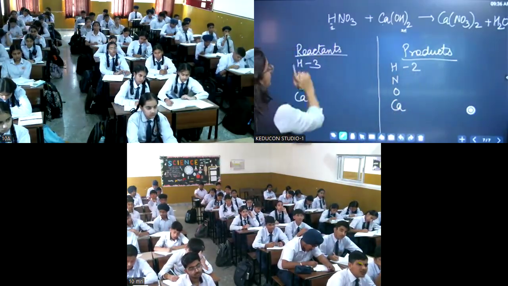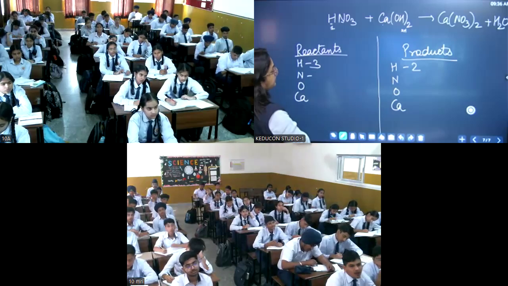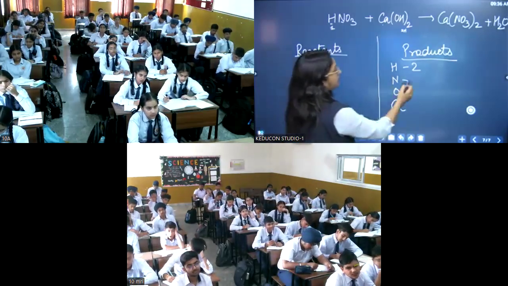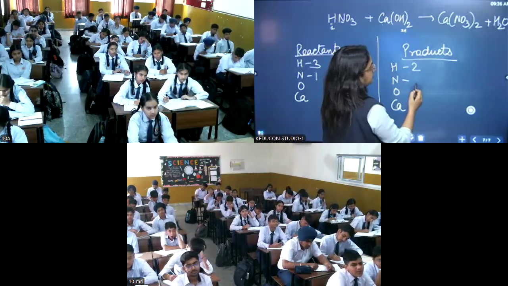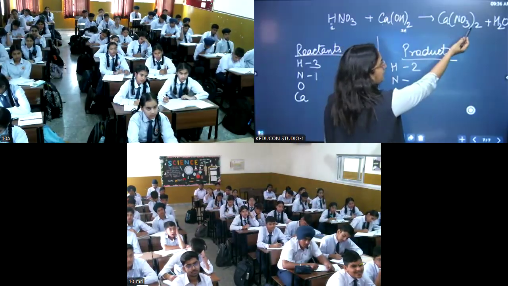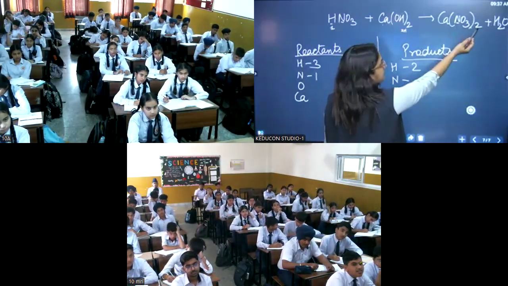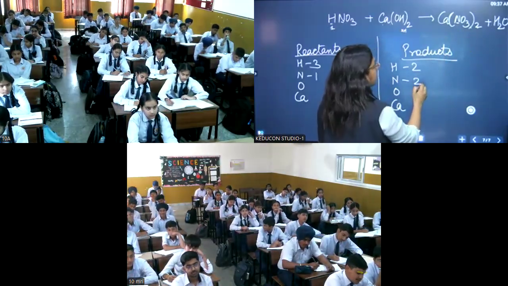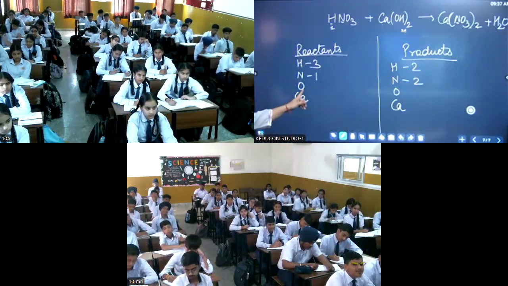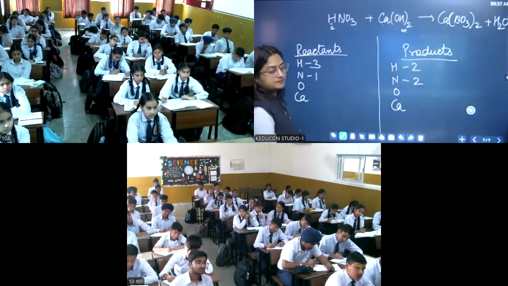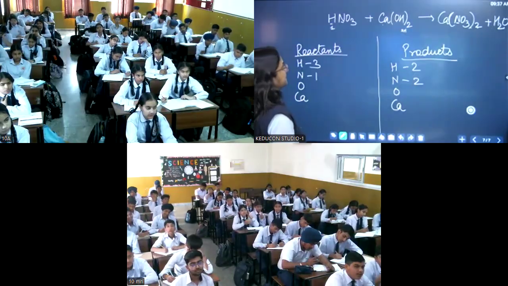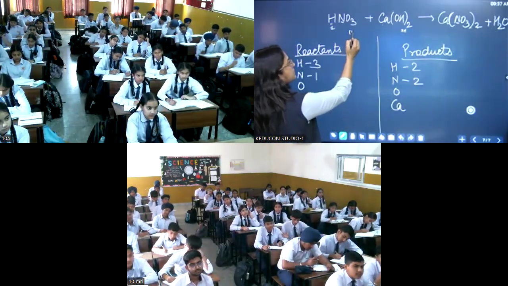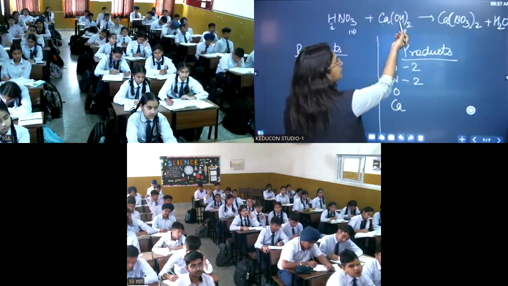We have how many nitrogen atoms here? One. How many nitrogen atoms here? Two. So we have to multiply this with 2 because this is placed in a bracket. So this becomes 2. Oxygen. How many oxygens here? 5. 3 oxygens here and 2.